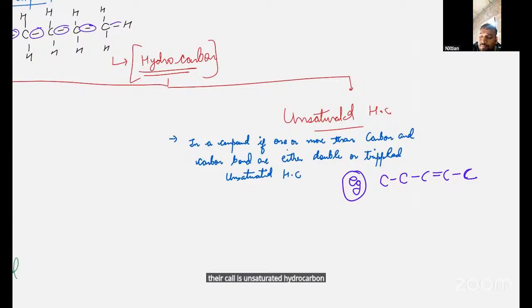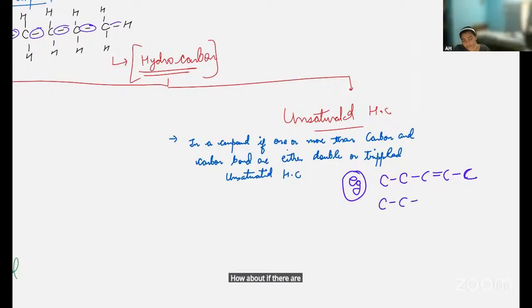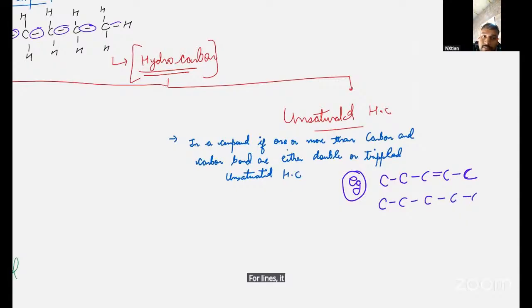Yes, Agatha. How about if there are 4 lines? 4 lines it cannot be. It can only have 1, 2, or 3 lines. Because I told you each carbon will have only 4 lines with them. So if this carbon has 1, 2, 3, 4, 5 lines, which is impossible.